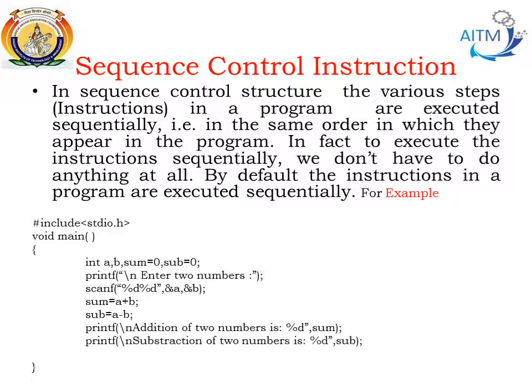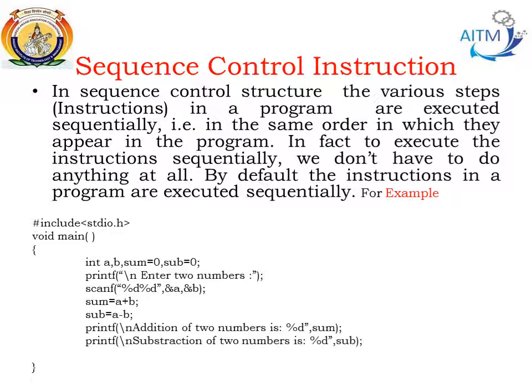Inside the main function we have declared the variables a, b, sum and sub and initialized them. After the declaration and initialization of variables, the next instruction to be executed is the printf statement, which asks the user to enter two numbers.